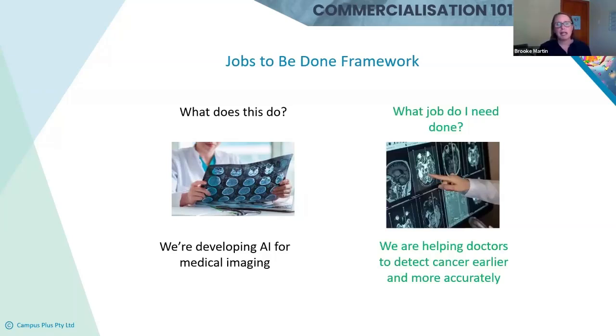If you take the jobs to be done approach and you try to identify what people would hire AI for medical imaging to do, you come up with a slightly different framing. The job that needs to be done here could arguably be helping doctors to detect cancer earlier and more accurately. When you reframe your research around the job that it is doing, the impact becomes much more clear. You're now solving a problem that people care about. So when you're thinking about your research, you might want to ask: what is the job that this research is doing?